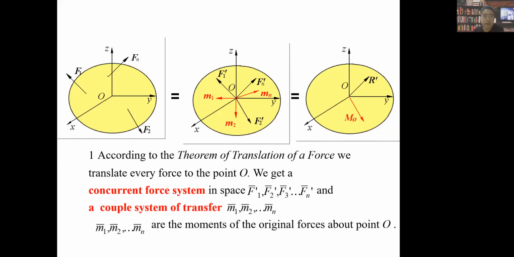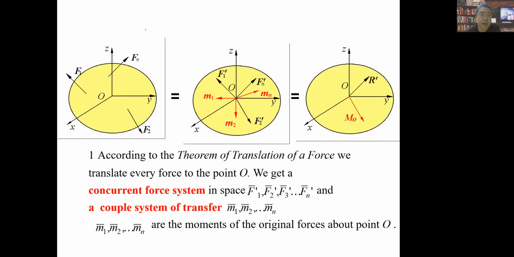So let us select F1 as an example, and we review that together. See, if F1 is originally acting on this point on this object, and we want to move this F1 from here to here, we should first do this calculation.